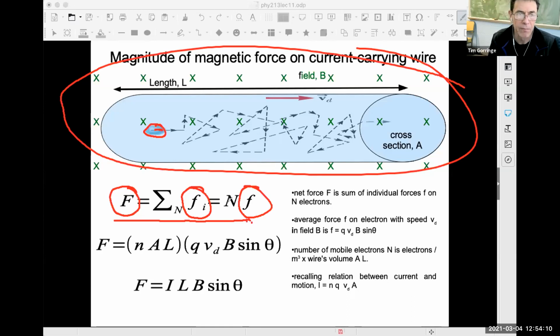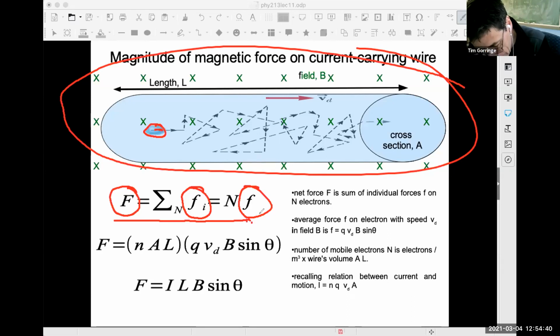It looks more complicated than it is, really. You've got the subscripts i for the electrons, a sum over all the electrons, and the big F's and the little f's. But all it's saying is that the total force on the wire is the sum of all the little forces on all the little electrons, and that's just N times that average force due to their drift motion.